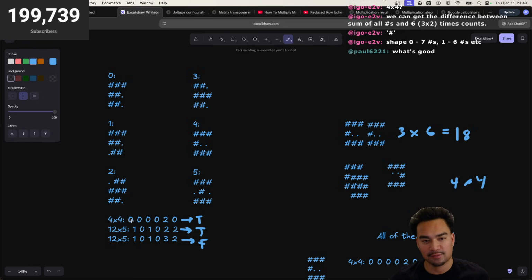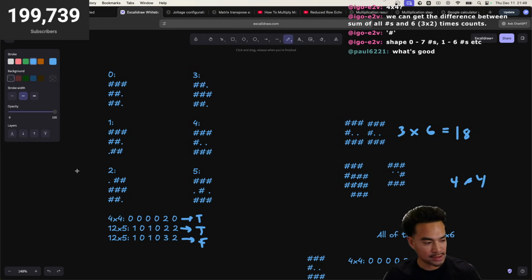In a 12 by 5 grid, we need to fit 1 of shape 0, 1 of shape 2, 2 of shape 4, and 2 of shape 5. So we need to try to fit that in a 12 by 5 grid. Does that make sense?